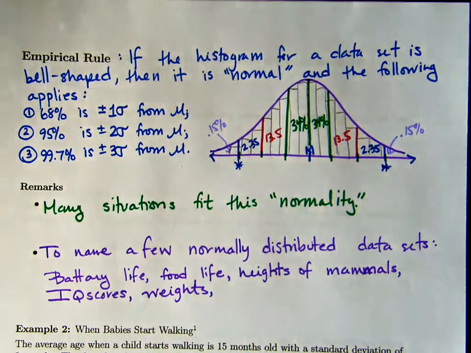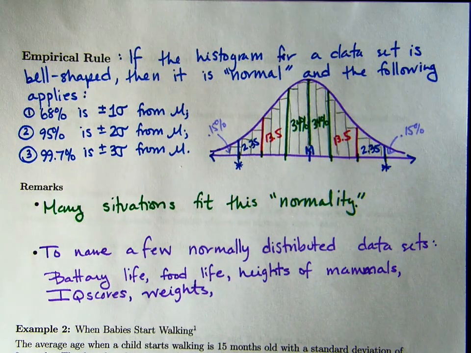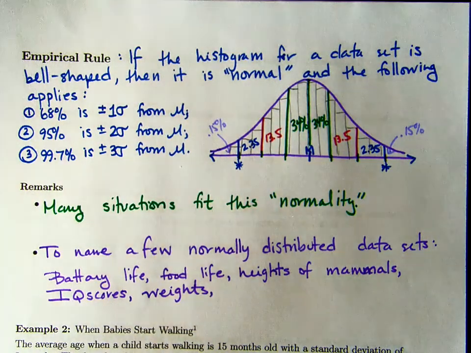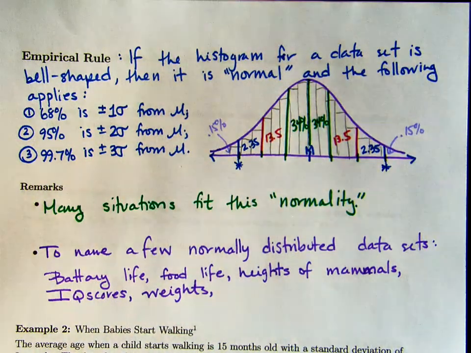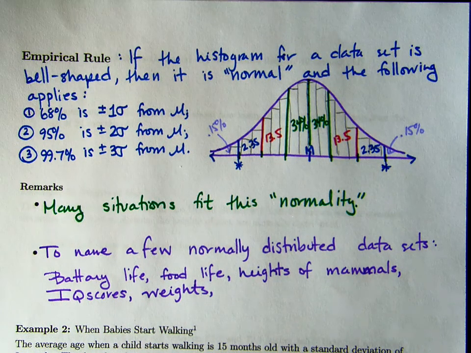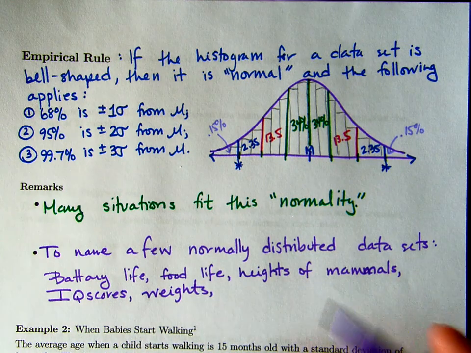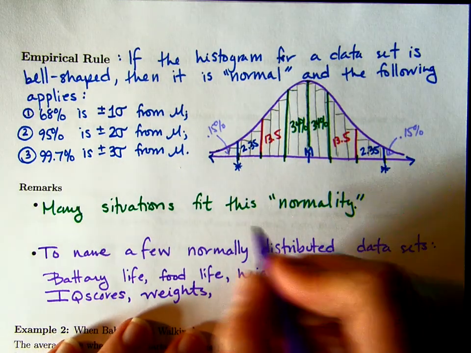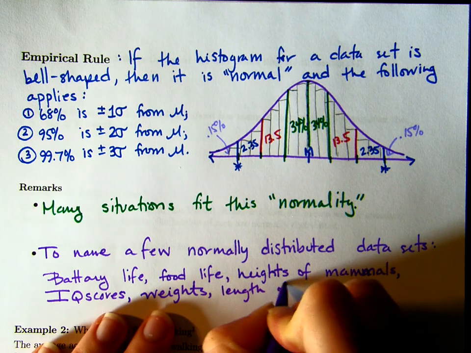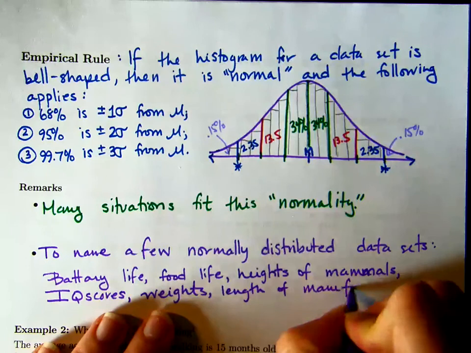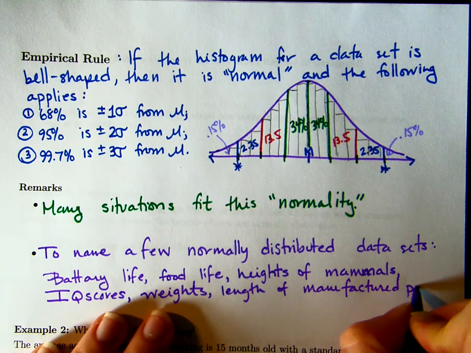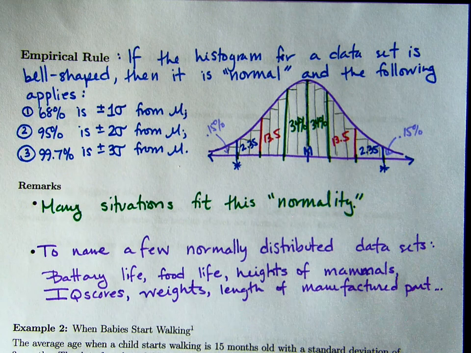So like, let's suppose you're on the factory floor and you're making, I don't know, nails. The lengths of those, even when they're machine created, will not be perfect, but the lengths of them will be normally distributed. Okay, so I don't know, a length of a manufactured part. The list goes on, and this is why we call it normal, just because it happens so often and normally.